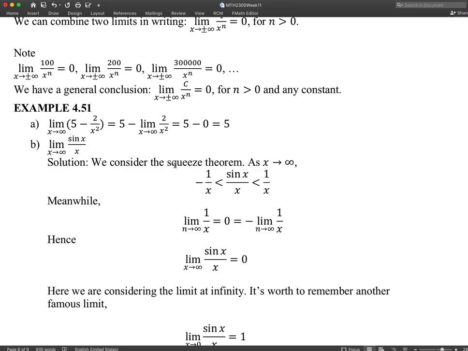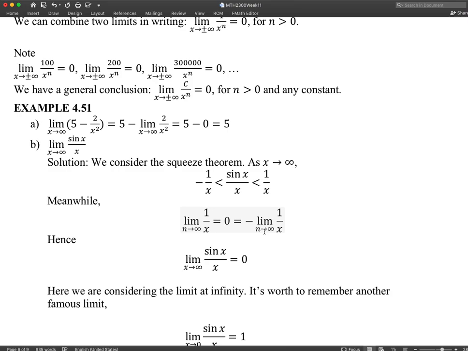What I figured out here is that sine x over x is sandwiched in between a lower bound and an upper bound. And in this case, not surprisingly, the lower bound and the upper bound are approaching the same limit, right?